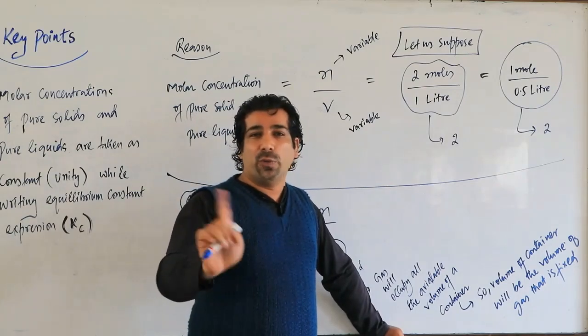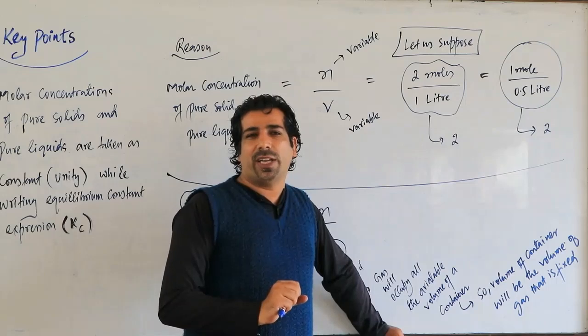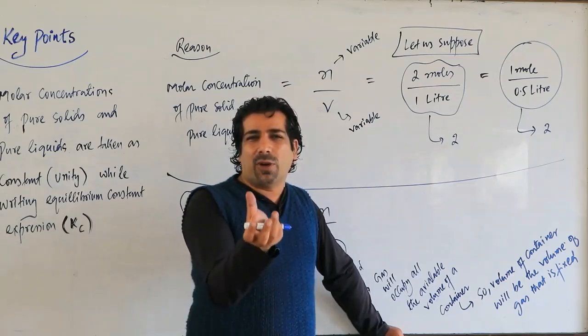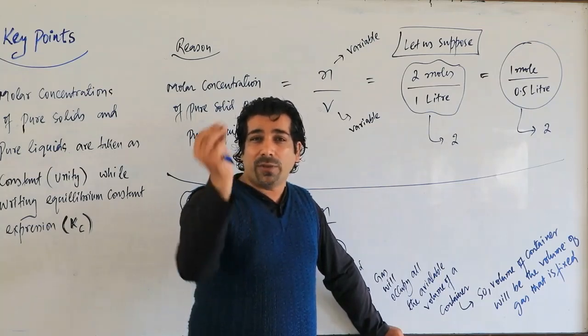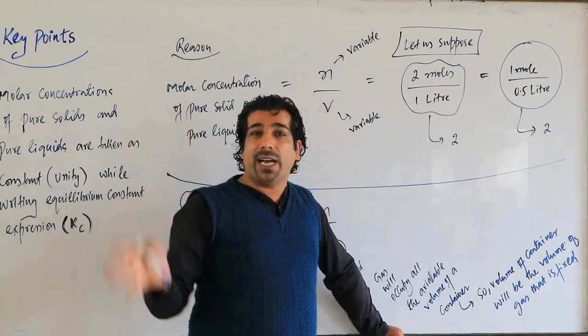But it is not true with solids and liquids. If you put a little amount of solid or liquid in a particular container, it will occupy some small space in the container. But if you put a little amount of gas in a container, that little gas can occupy the entire volume of the container.